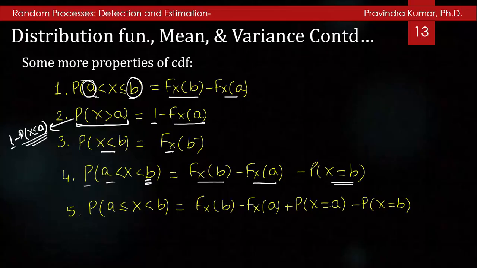And when the probability of x is greater than or equal to a and less than b, here I am including a, not including b, it will be equal to the CDF at x equal to b minus the CDF at x equal to a plus the PMF at x equal to a minus the PMF at x equal to b.